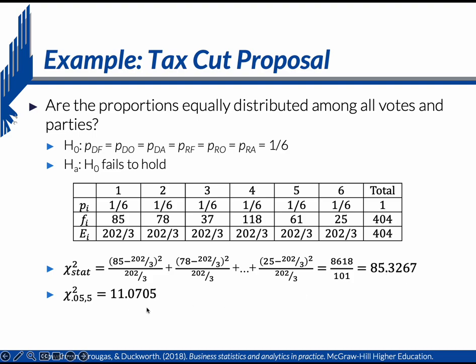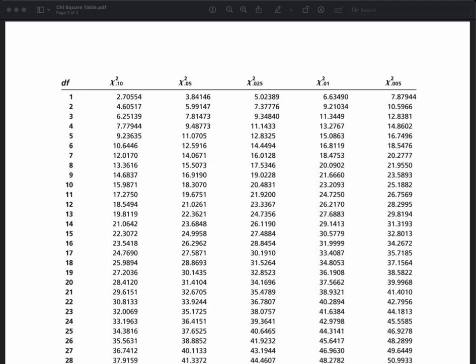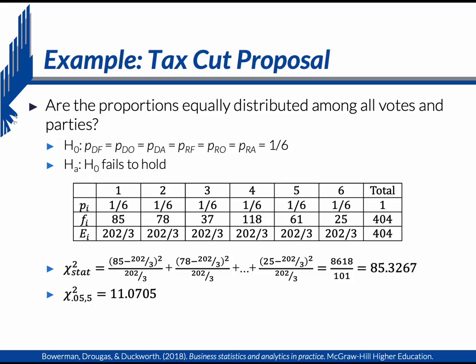Now this test statistic will be compared to this critical value. So the critical value with an area of 5% to the right, based on degrees of freedom of 6 minus 1 or 5, is 11.0705, which is again something we can find here in the chi-square table. So the intersection of chi-square of 0.05 and df of 5 is 11.0705.